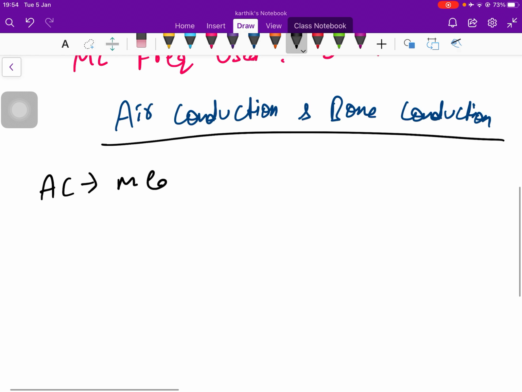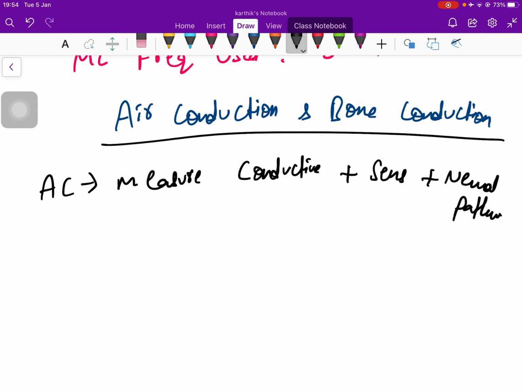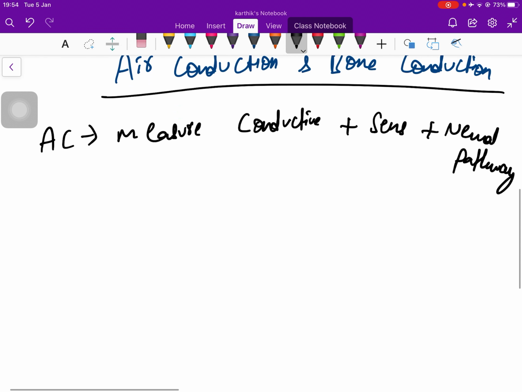For air conduction you measure the conductive pathway, sensory pathway and neural pathway. All three pathways are measured.